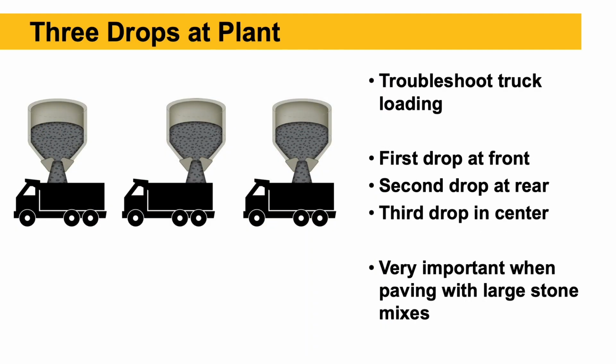So at the plant, one thing we can do to help in terms of loading the trucks under the silos is first drop at the front of the truck box, second drop at the rear of the truck box, and the third drop in the center. What that does is minimize the amount of aggregate or large stones rolling into the corners and the edges of the truck box.